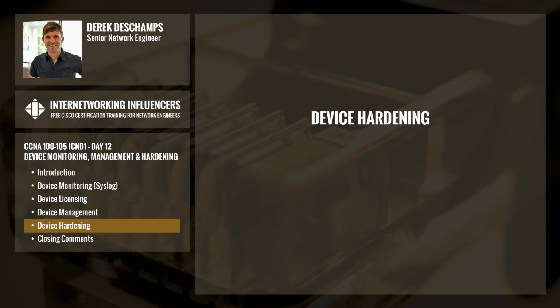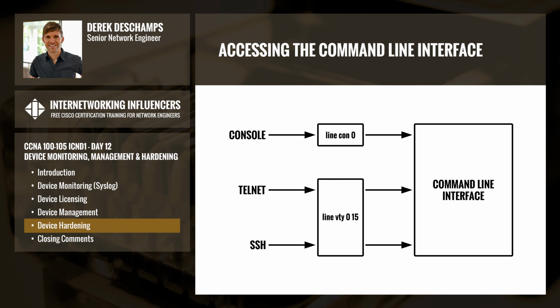The last topic we will look at today is device hardening. There are 3 ways to connect to the command line interface of a Cisco device: by connecting physically to the console port, or by connecting remotely using Telnet or SSH.